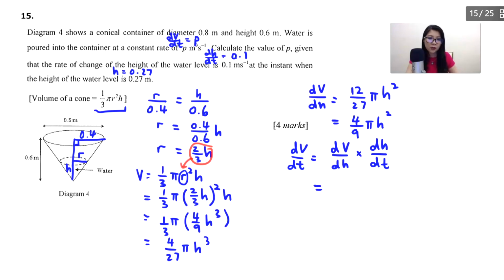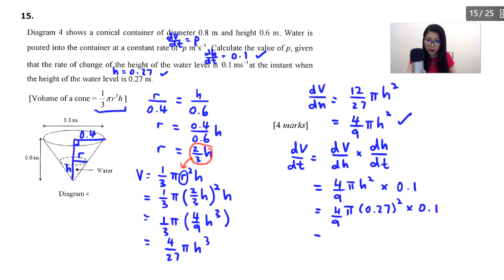So dV/dh, which we got just now, is 4 over 9 pi h square, times dh/dt, which is 0.1, stated in the question. Next, I substitute the h value, 0.27, also stated in the question. So 4 over 9 pi, h is 0.27 holding square, times 0.1.